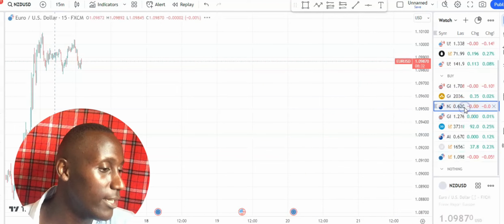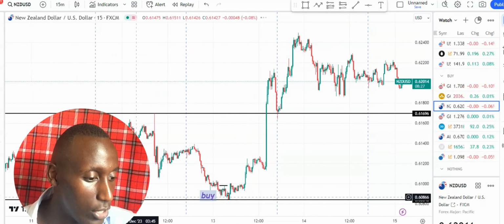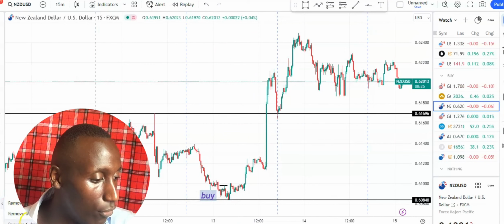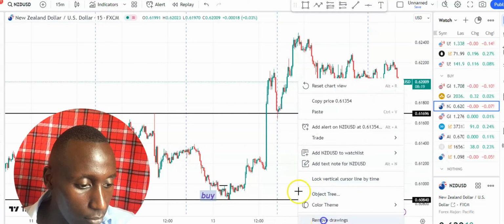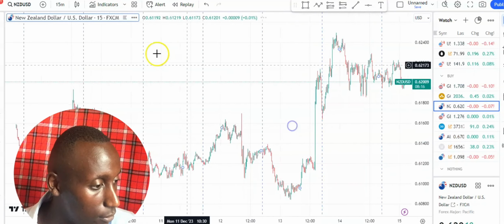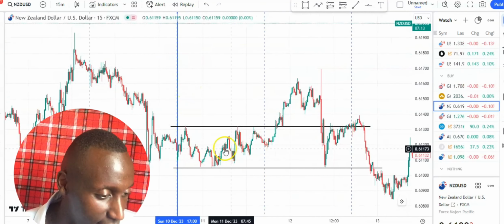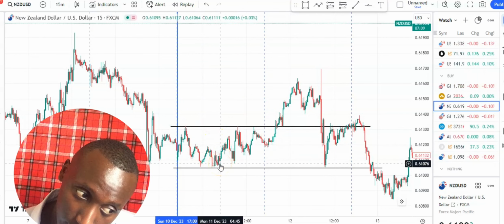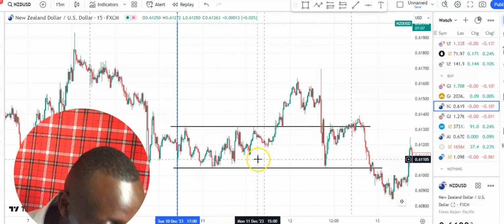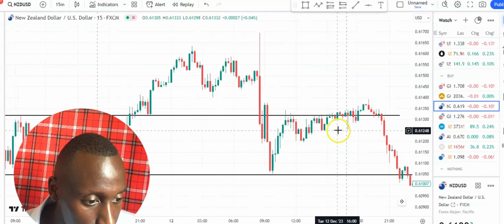Now, yesterday on the New Zealand dollar, I want to show you an example of how to use this in real time. All right, so on Monday, price sets the high and the low of the week. Now on Tuesday, we break out and look at the close.